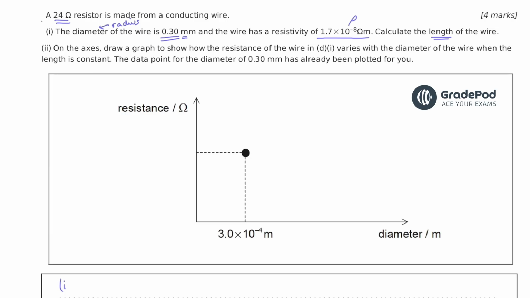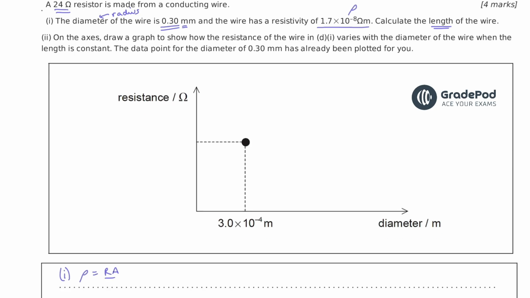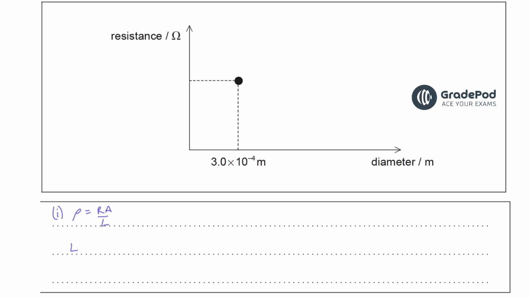So we'll go down here, number 1, and we're going to use the formula rho equals RA over L, which you can get from your data booklet. That's the only formula I know that would be useful using the term of resistivity. And we want to rejig that for L. So L equals RA over rho.